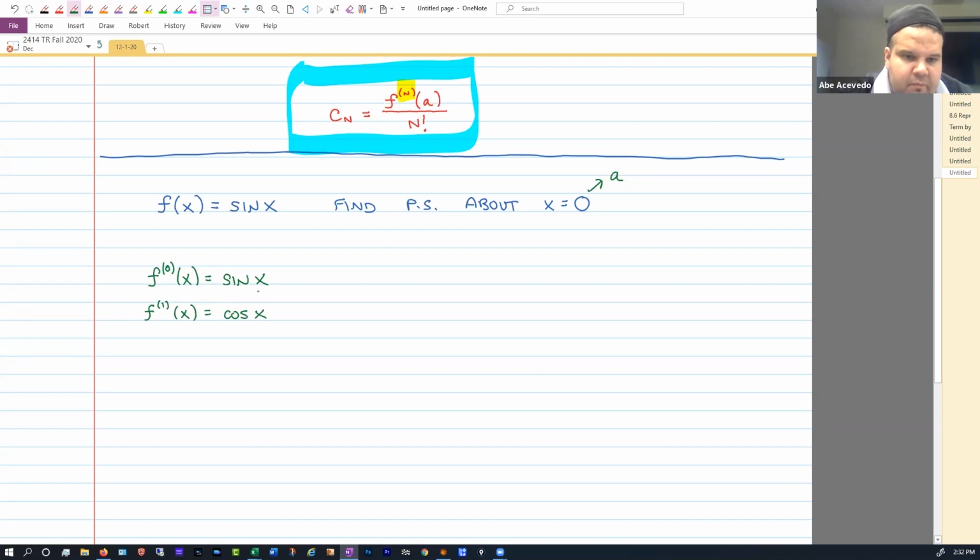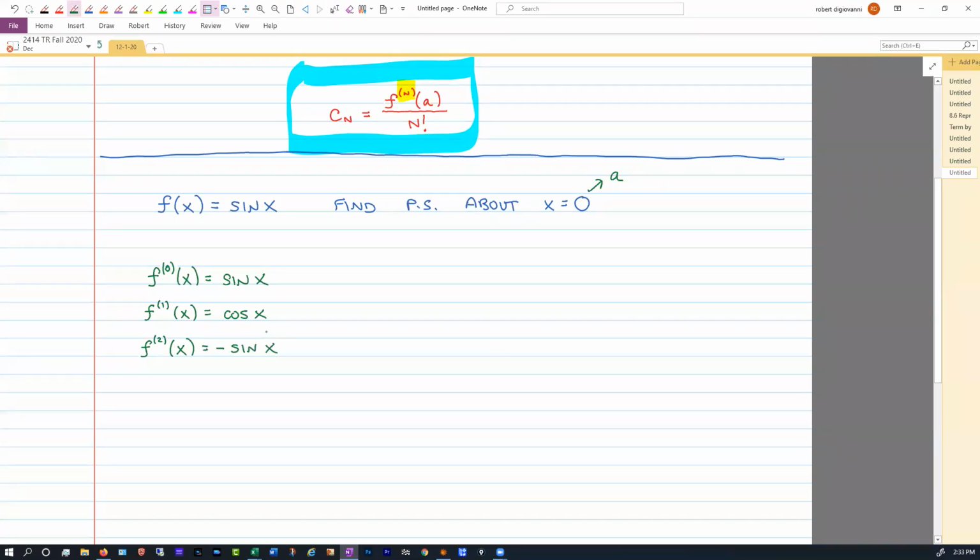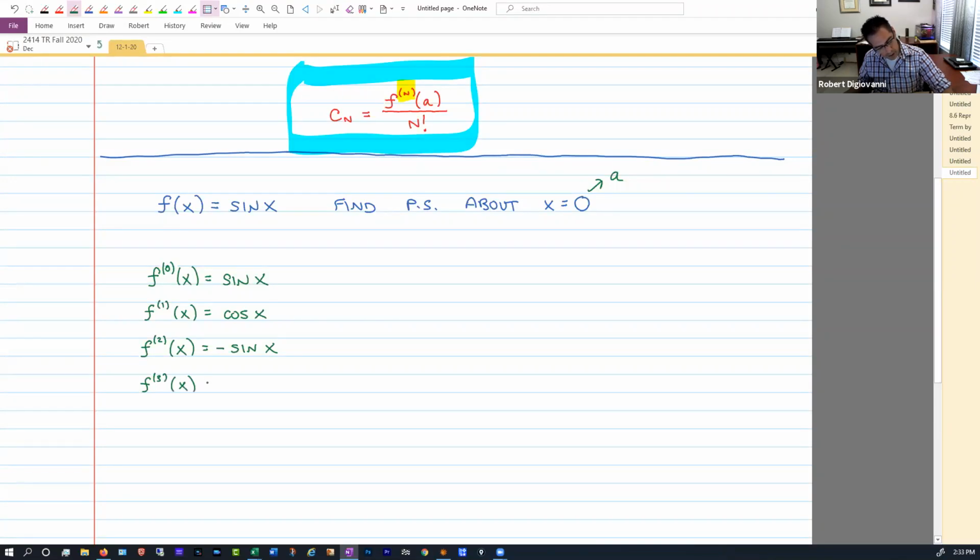What's the first derivative of sine? Cosine, right? What's the second derivative of the function? Now just take the derivative again: negative sine x. Now we take the third derivative. That's negative cosine x.